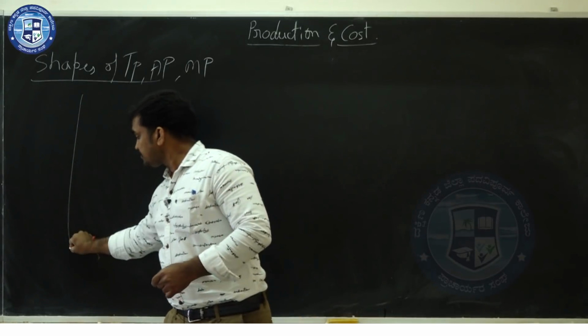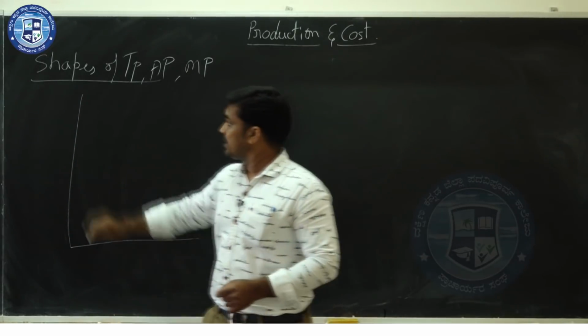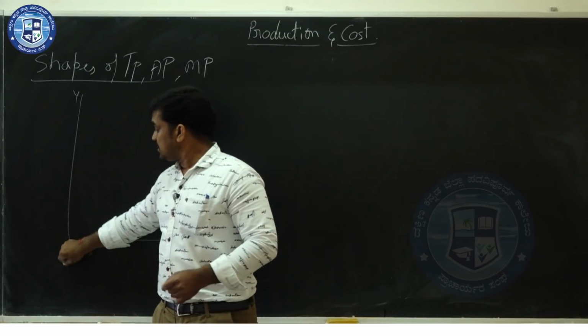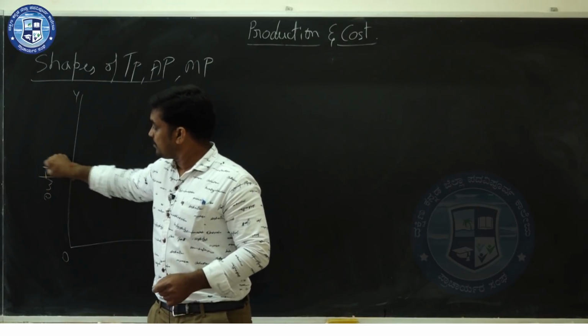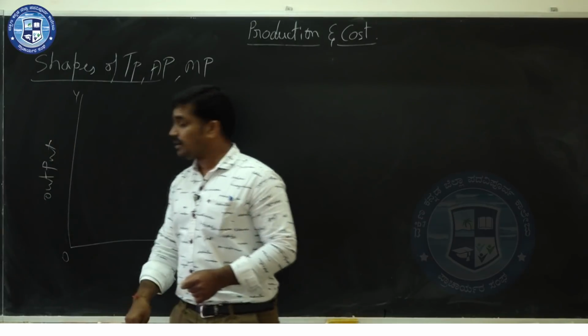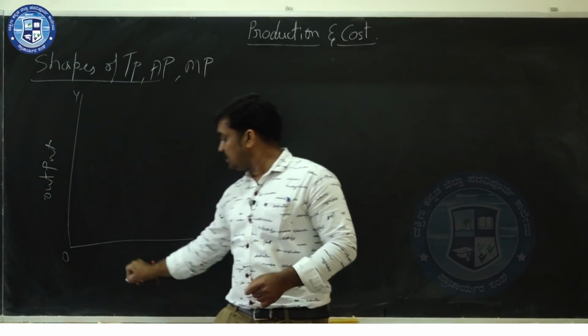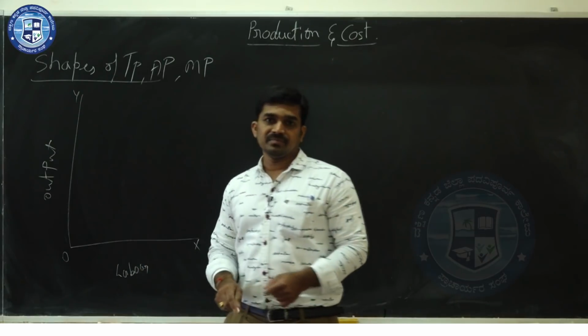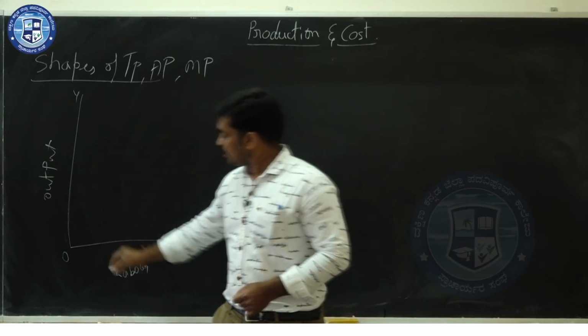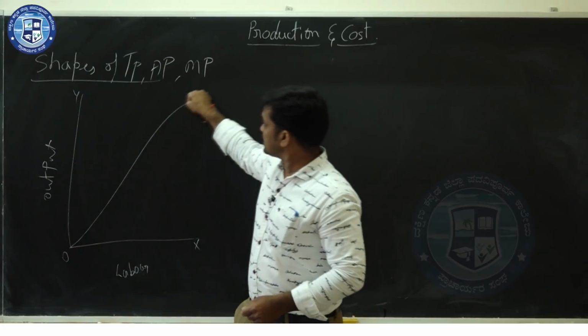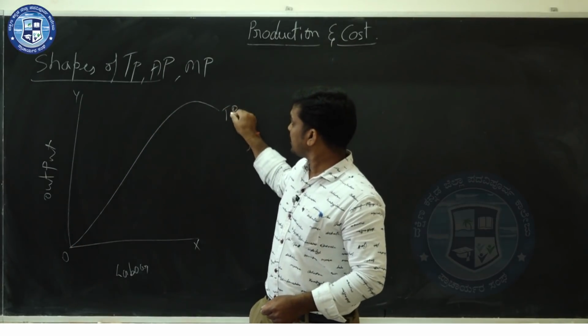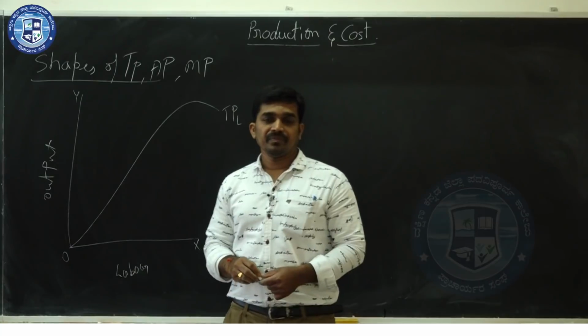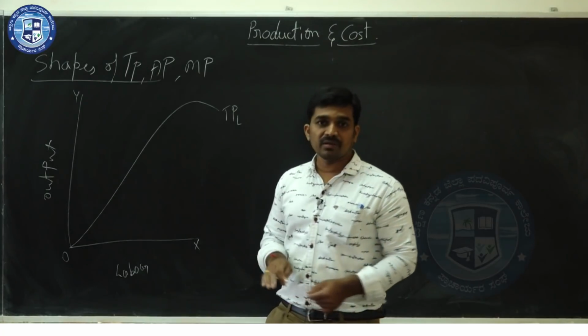Look here, in this diagram we write output on the y axis and units of variable factor on the x axis. In our example it is labor. So, total product continuously increases, reaches maximum, thereafter it starts falling. TPL indicates the total product of labor curve.